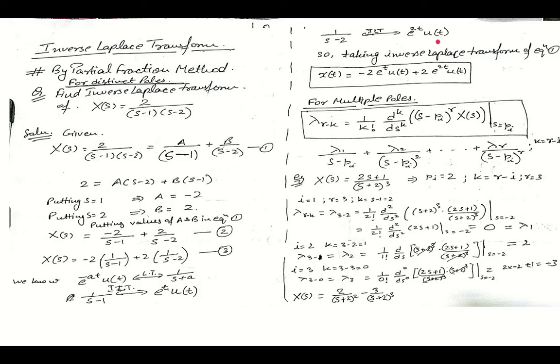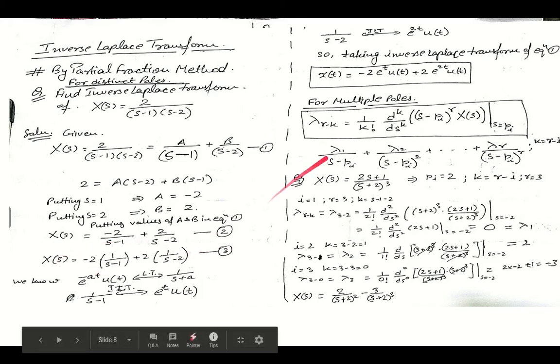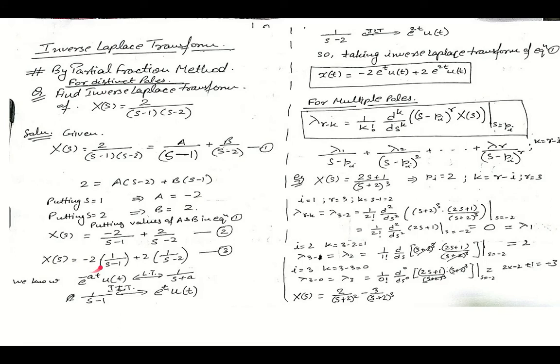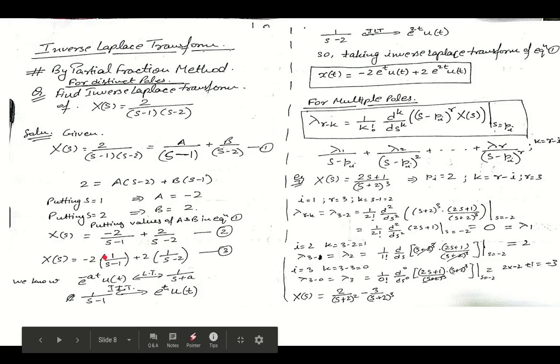Now, if I take the inverse of this equation, we can say that X(s) will be converted into x(t), and minus 2, since it is a constant, we can put as it is, and we can put the inverse of 1 upon s minus 1, that as we all know is e to the power t u(t).